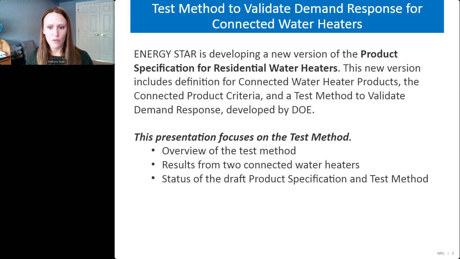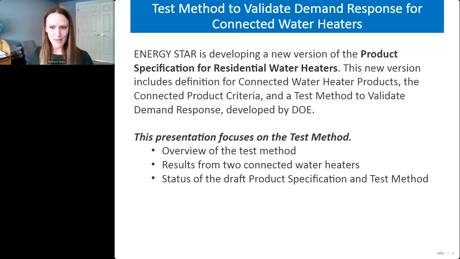And we did find a few small tweaks to make the test method just that much better. But our project and this presentation are really going to be focusing on the test method and not going into results from any of the products, because we are not a ratings lab, and the test method was actually not finalized when we were doing the testing.